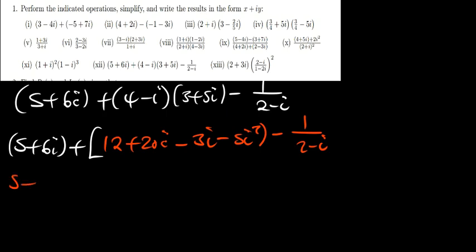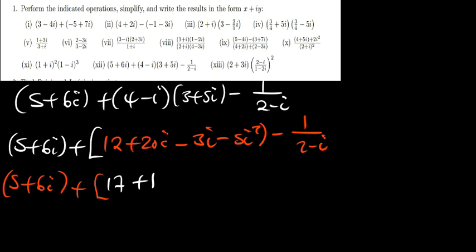So 5 plus 6i, I keep on bringing this, plus. Now this one we clearly know is going to be plus 5 because of that i squared. So it's going to be 12 plus 5, which is 17, then 20 minus 3 is 17 as well.